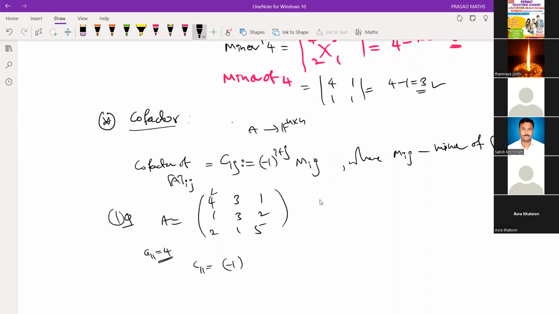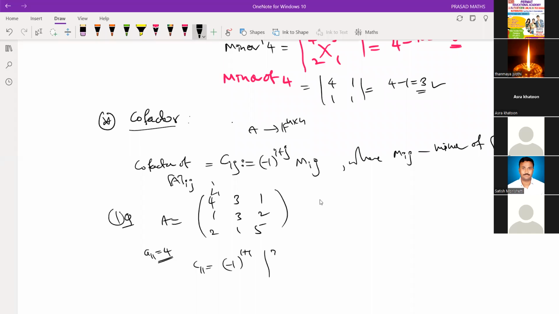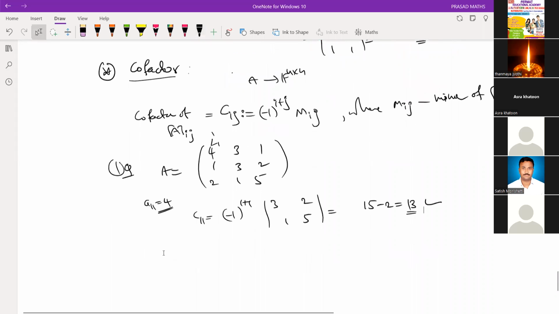It is (-1) to the power 1 plus 1, since it sits in the first row and first column, times the corresponding minor. The corresponding minor is 3, 2, 1, 5, which is 15 minus 2, that equals 13. So this is the cofactor of the A11 entry.